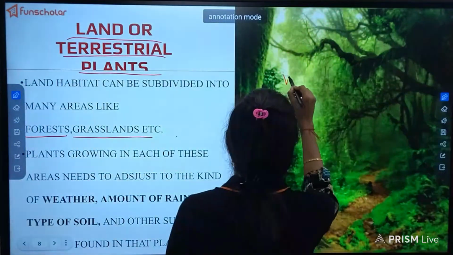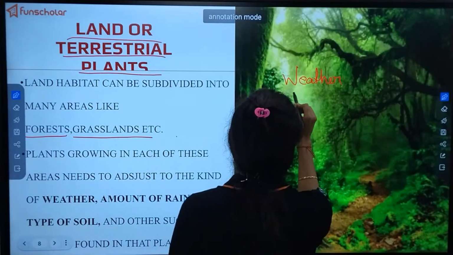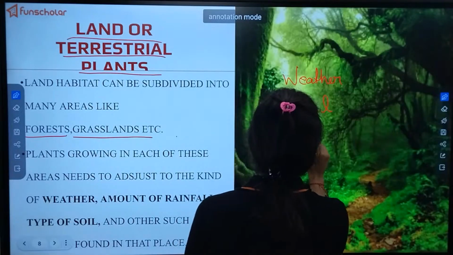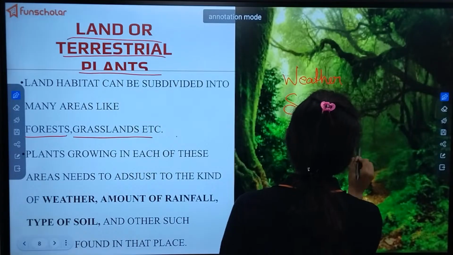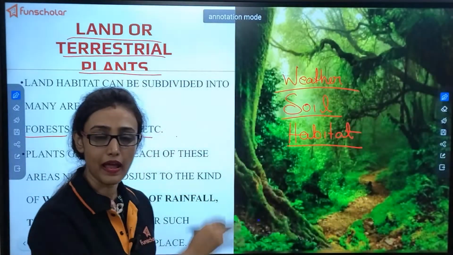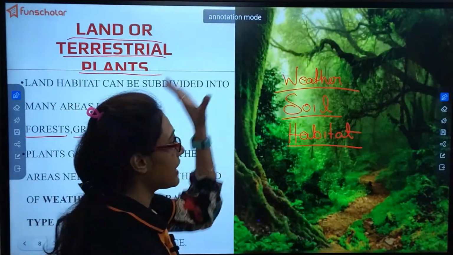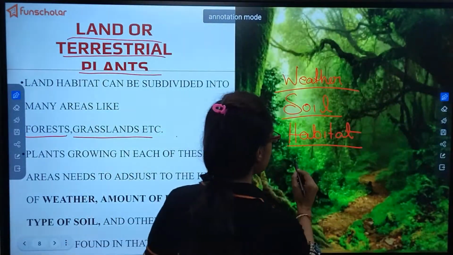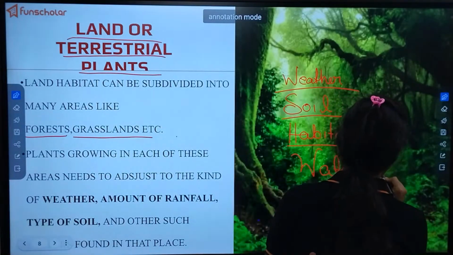Obviously, weather, soil, habitat, everything varies from place to place. So different types of plants are found in different areas and they adapt according to the weather, soil, habitat, and also water availability.